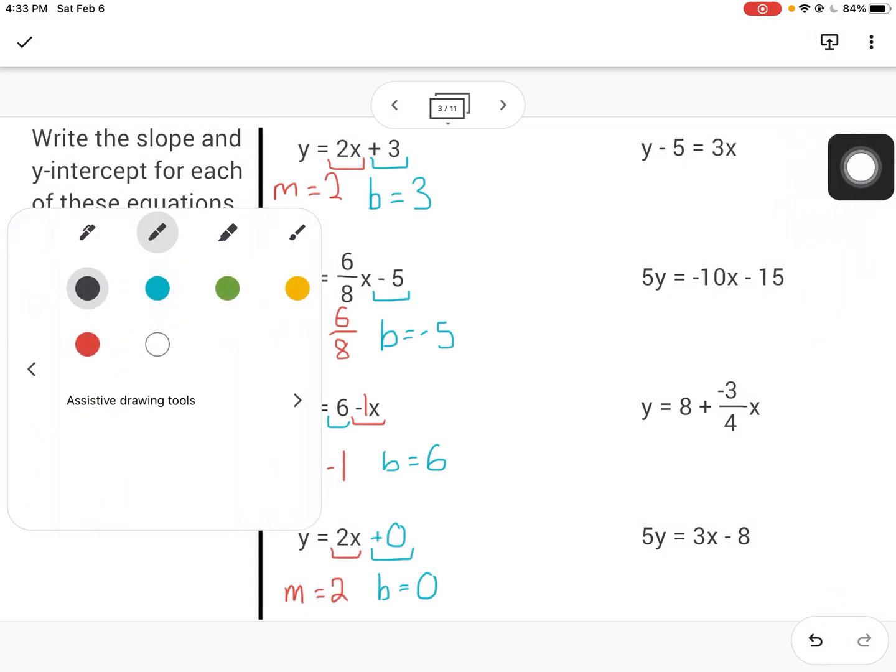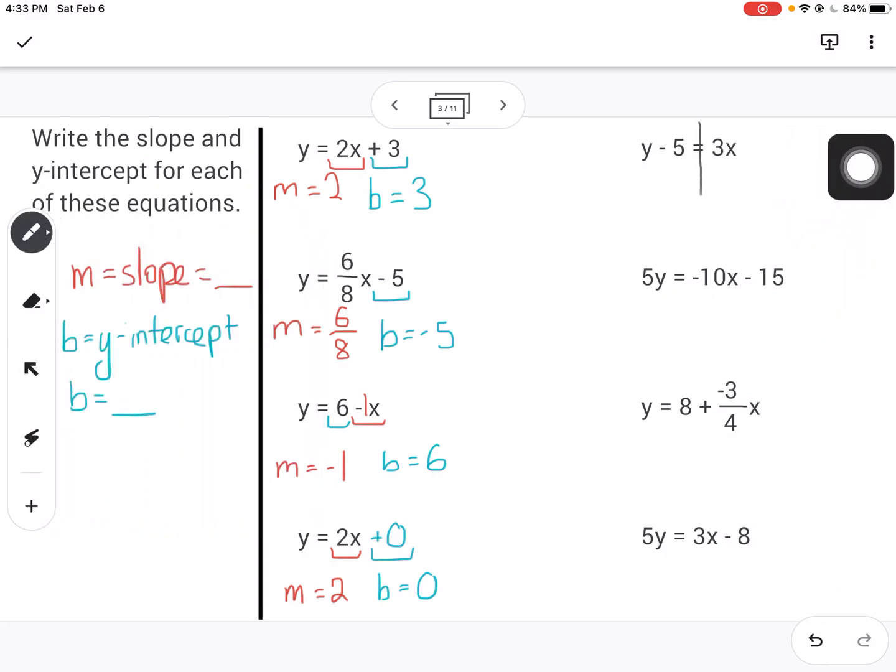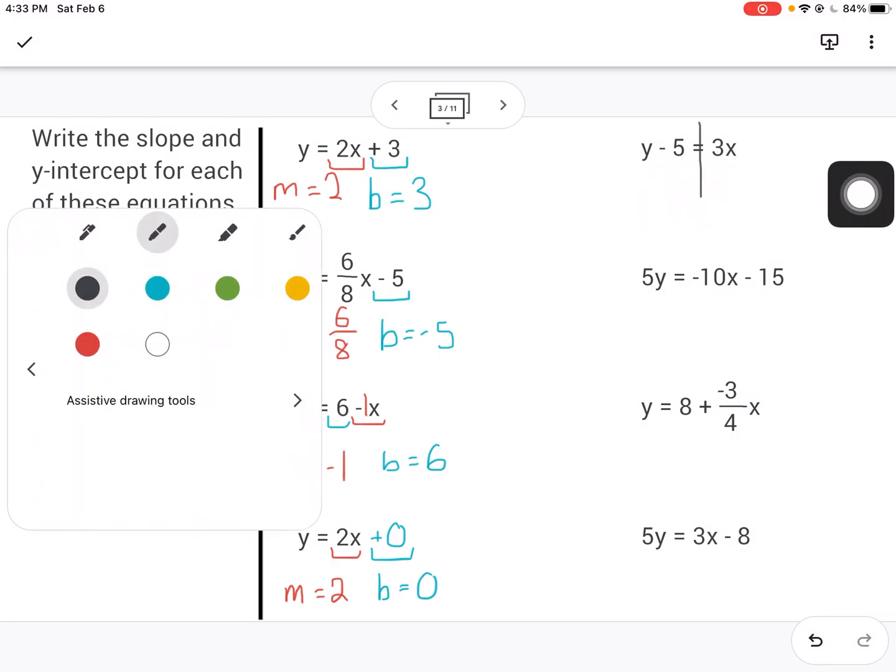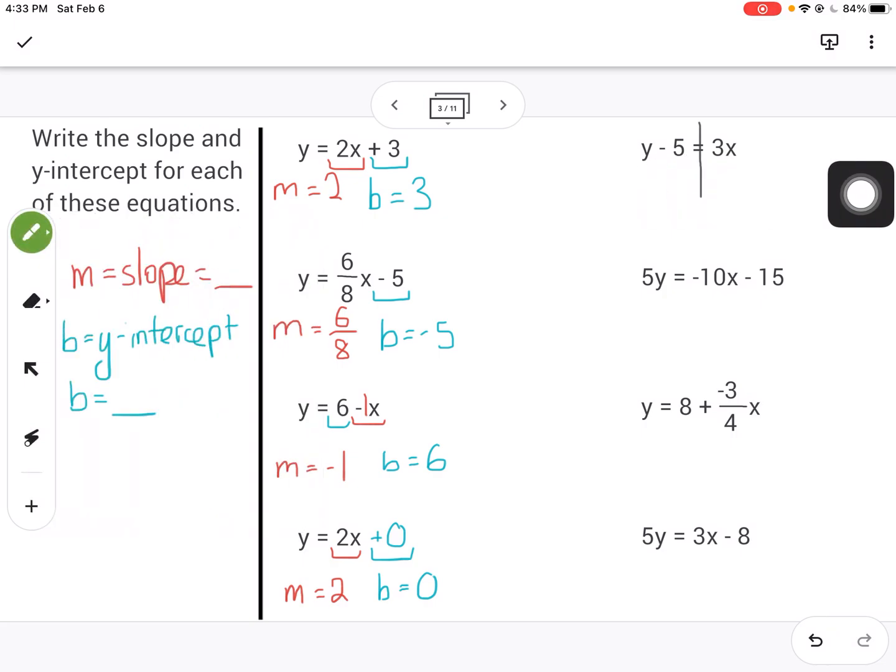So for the first one, I'm going to draw a line here. We have y minus 5 equals 3x. We have to undo minus 5. The opposite of subtracting 5 is adding 5 to both sides.